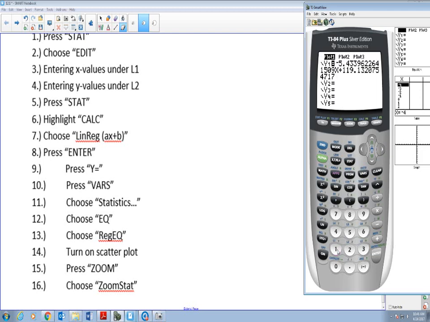What that does is copy and paste the entire slope and y-intercept into your y1. So now when I press graph, since I already did the zoom stat earlier, this is the best line that fits through this data.